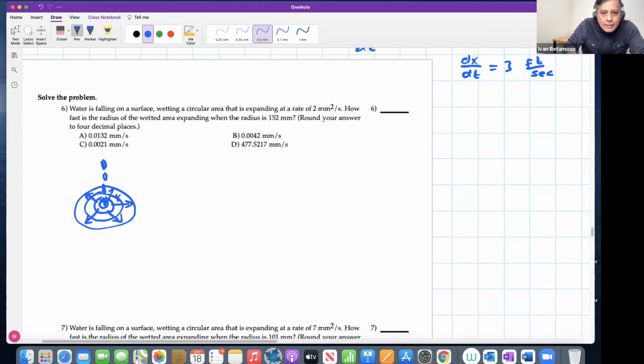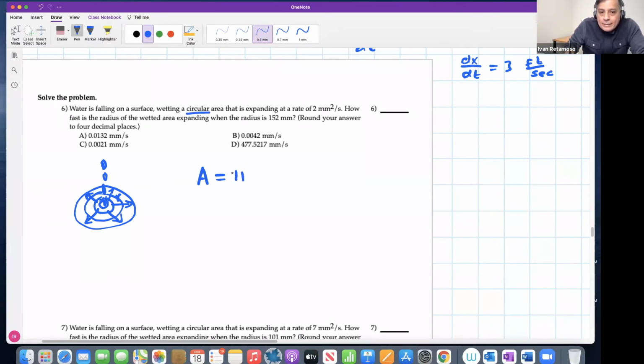The circle is expanding, the radius is growing over time, and the area as well. Now they are asking you to figure out dr/dt when the radius is 152 millimeters. So try to figure out how the area is related to the radius for a circular shape.